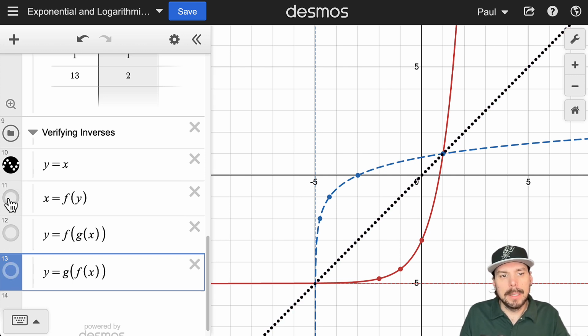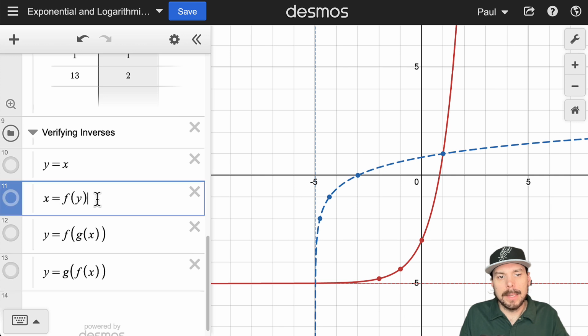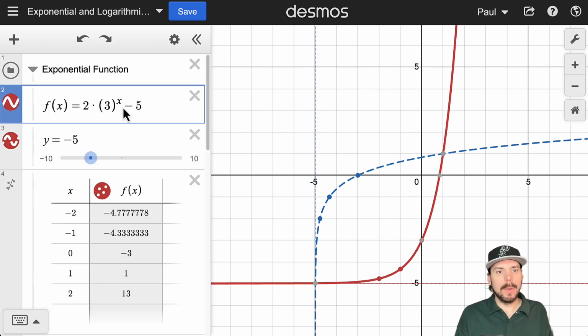But as long as the top one and then the last two all form that diagonal, that's going to be perfect. And this other one, x equals f of y, will show us the inverse. We could do x equals g of y, and that would undo the inverse and take us back to that original function. Now we'll go all the way back to the beginning and make some changes.